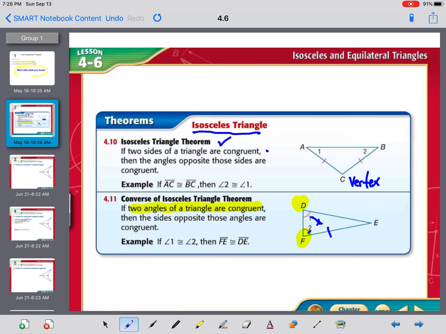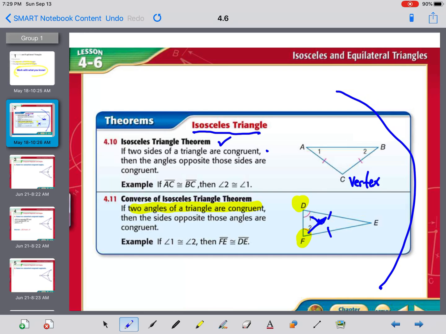So the converse, remember, that's the flip. It says if two angles are congruent, then their opposite sides are congruent. You can see these two angles here are congruent, so the sides that are opposite them are congruent. We're going to talk about opposite sides in another chapter and make a big deal about angles and sides, size of angles and length of sides.